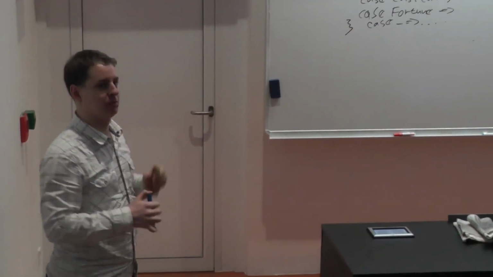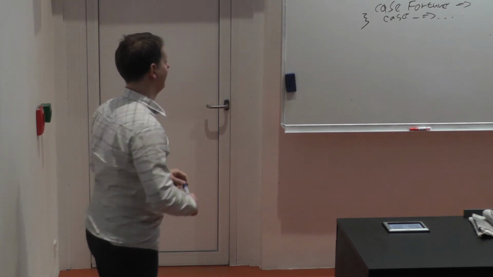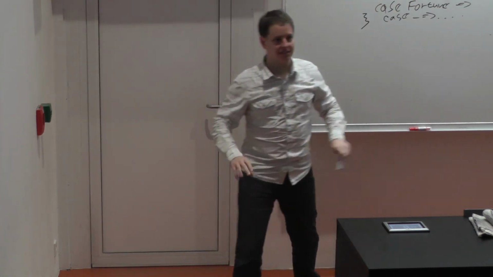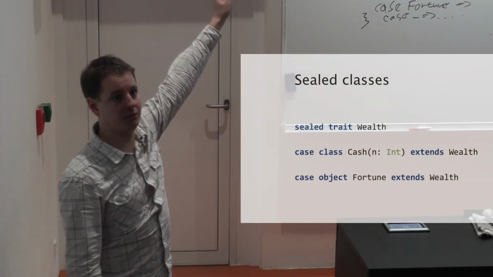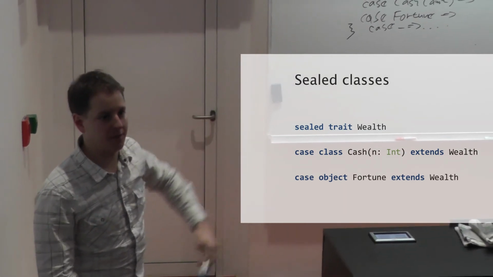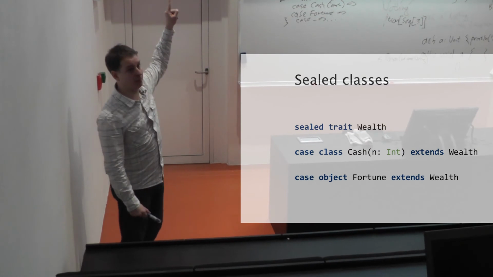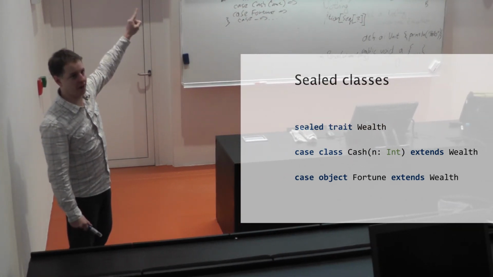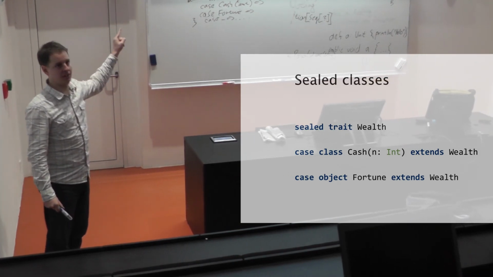So the authors of the language chose to let you say to the compiler, yes, that is okay. The wealth might be only cash or fortune, and that's it. And you can say it by putting a sealed keyword in front of the trait. So this tells the compiler all of the subclasses of Wealth are in this file, and there will never ever be any other.